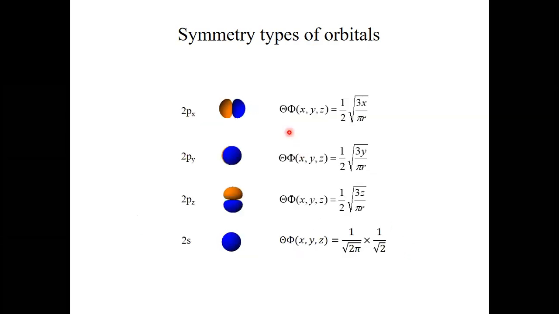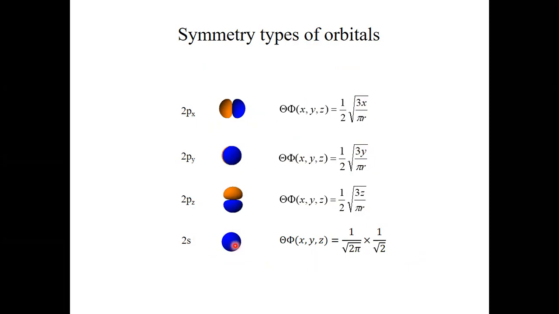And if you remember, the px orbital was only a linear function of x. The py orbital was only a function of y. The pz orbital was only a linear function of z. Okay, the 2s orbital was not dependent on any coordinate, and therefore a 2s orbital is spherical.